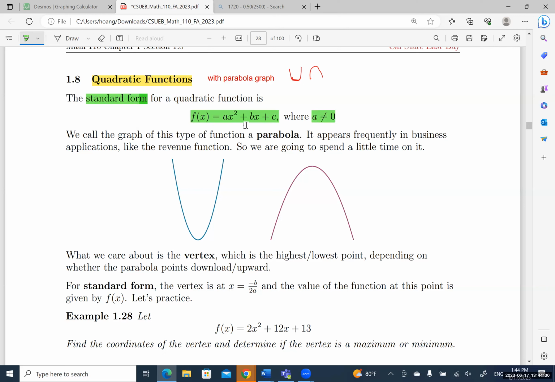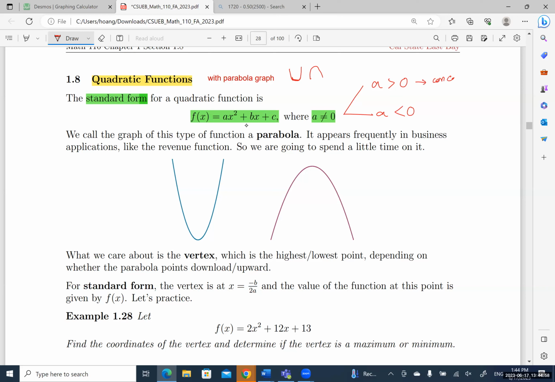Keep in mind that you don't want a equal to 0, since if a equals 0, you'll have just bx plus c. We come back to the linear, right? So a can be less than 0 or a can be greater than 0. So we're going to split this into two cases, which is a greater than 0 and a less than 0.